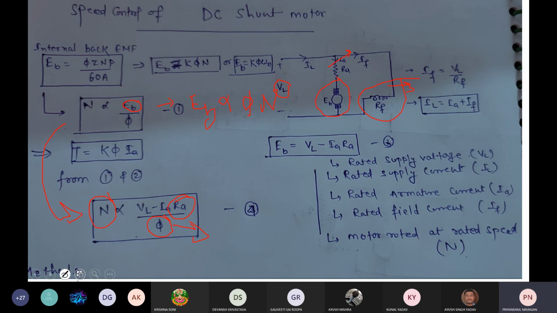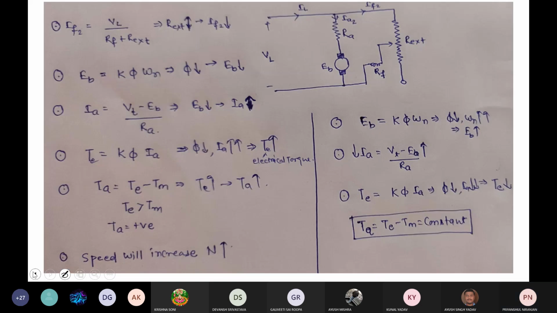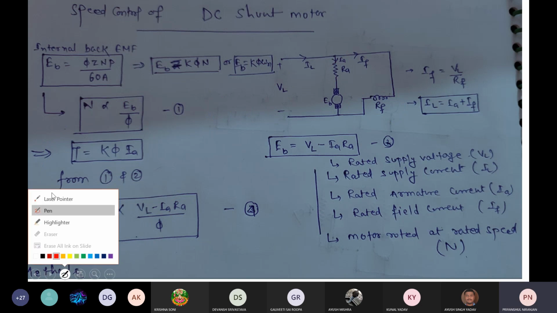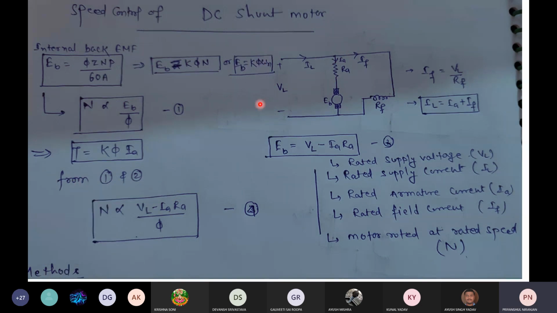So here is the DC shunt motor equivalent circuit, I told you earlier. VL is the terminal voltage, IL is the line current, and it is divided. Why is it called the shunt motor?